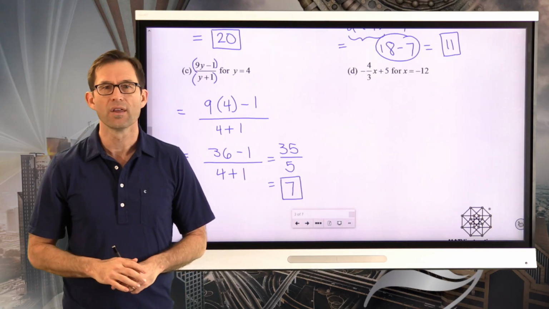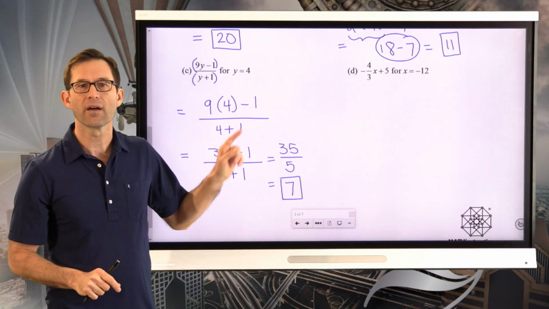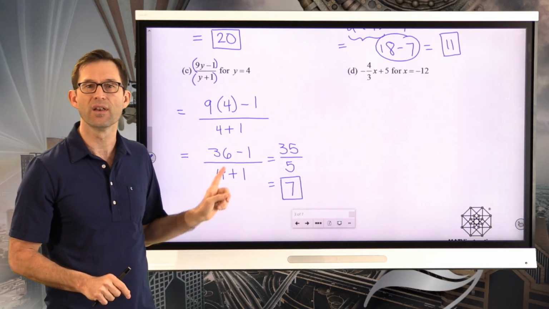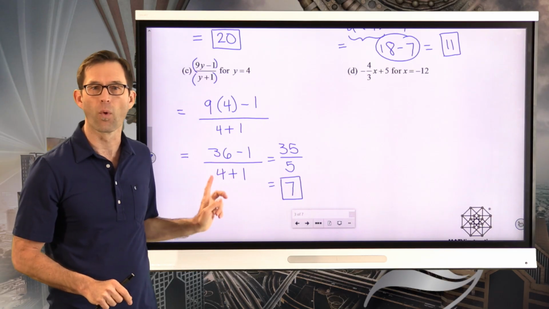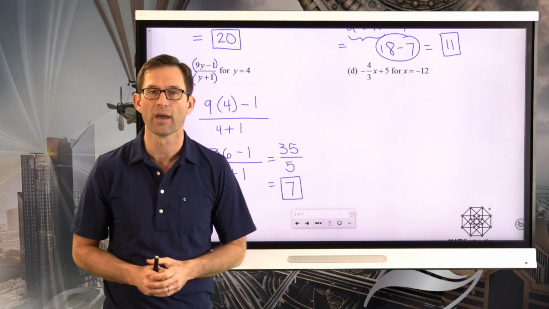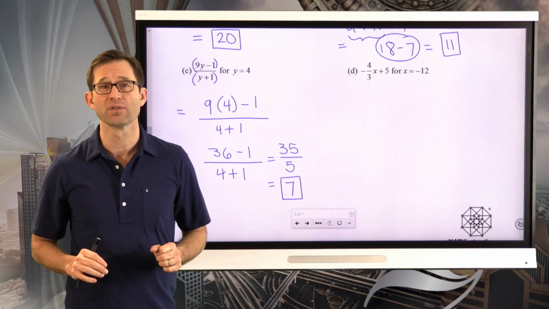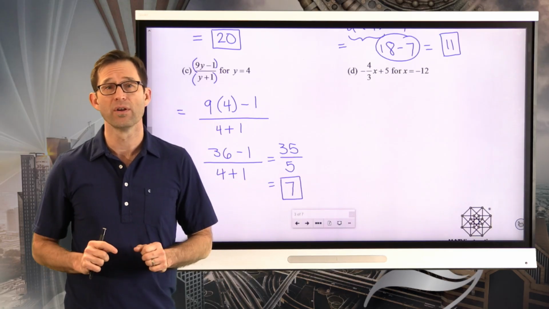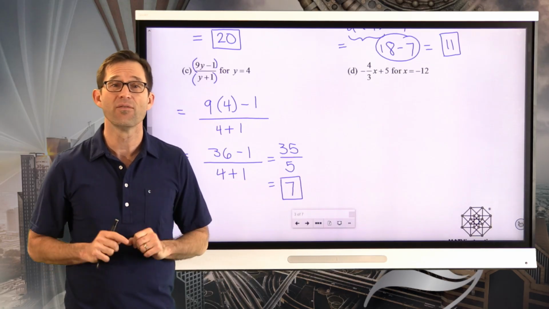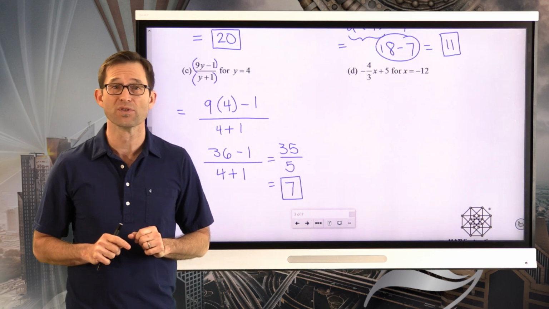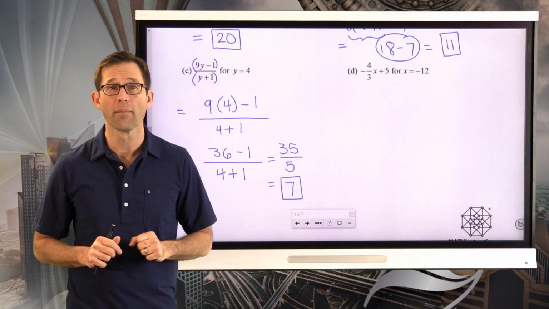In other words, we're not going to do the 9 times 4, get a 36, and then do 36 divided by 4. We're not going to do that, because really we have to do all the operations in the numerator, all the operations in the denominator, and then divide the two numbers that are the result of whatever's in the numerator and denominator.